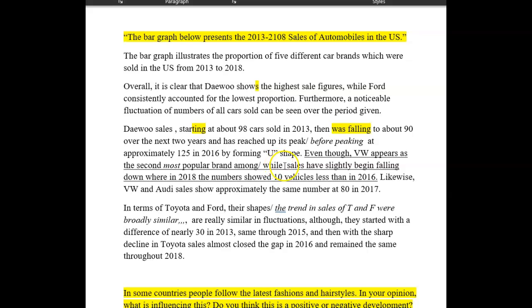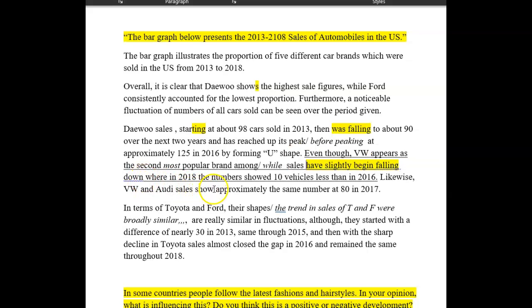I'm just not quite sure. Maybe it's while sales fell in 2018. The numbers showed 10 less than 216. Okay, so maybe that works if that's in the past tense. So again, watch out on the verb there.